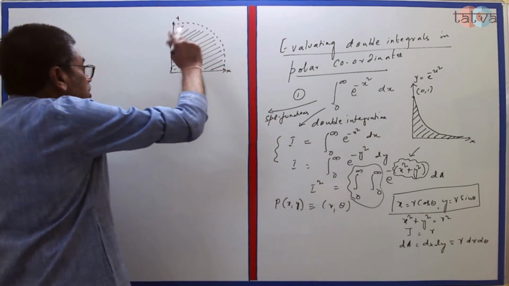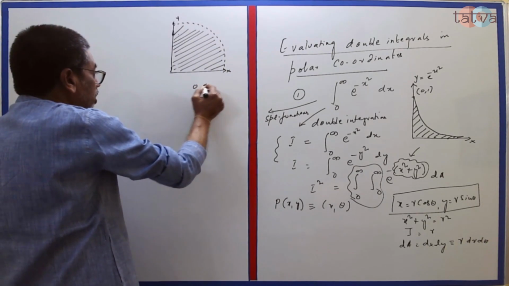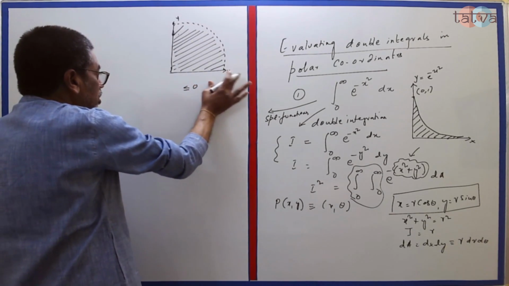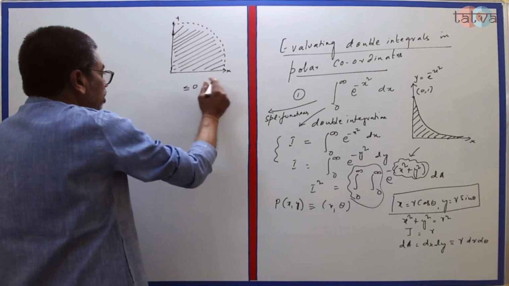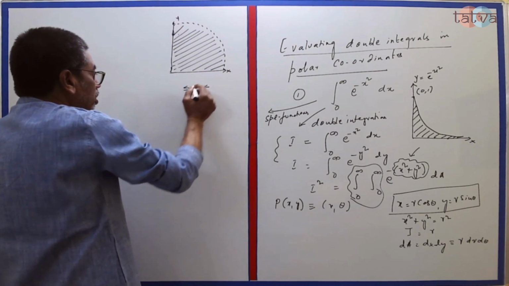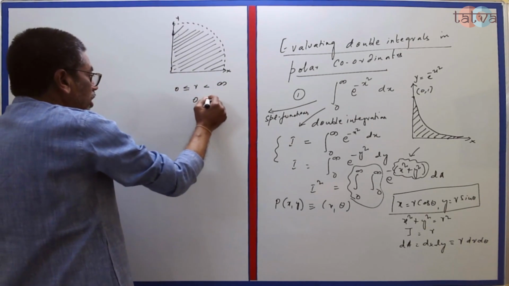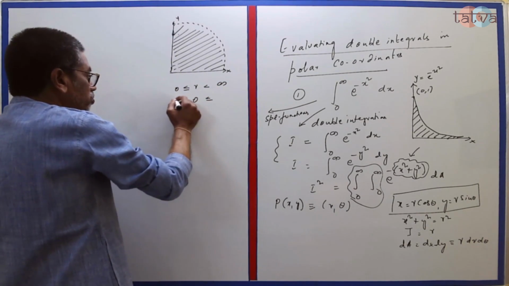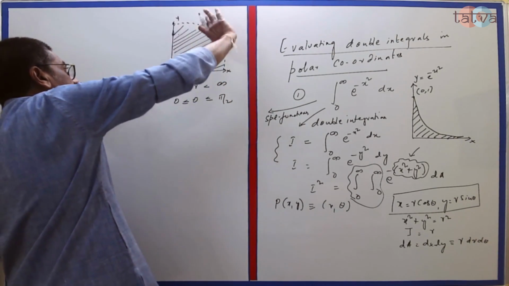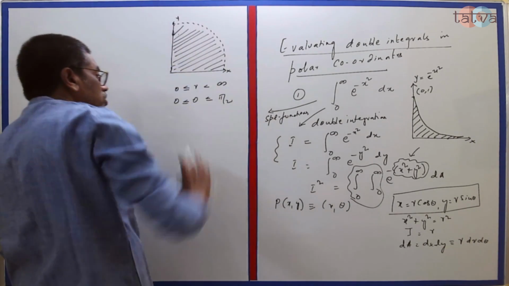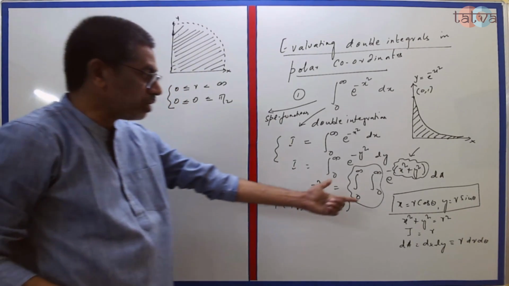So if you look at this region, you can straight away write the variation of r from 0 to infinity and the variation of theta from 0 to pi by 2. This is how theta varies. This is how r varies. So it is within these two limits I have to evaluate this double integral.